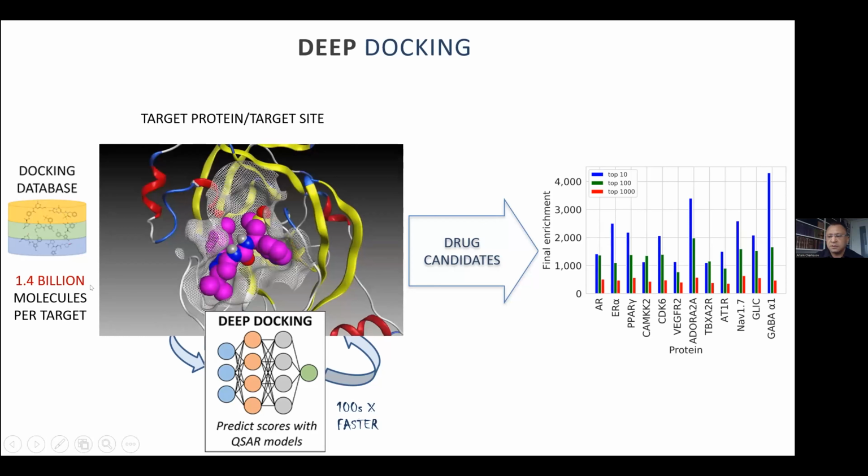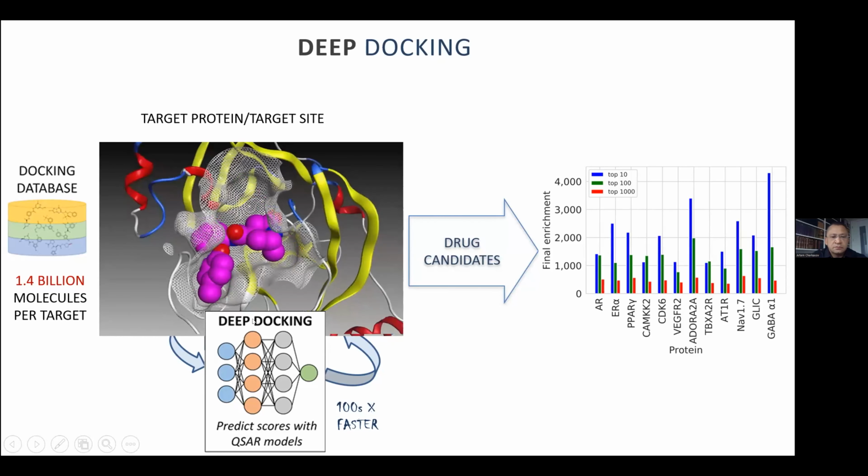We have a pretty good cluster, probably several thousand CPUs and GPUs, and using Glide, which is good but relatively slow, docking 1.4 billion conventionally would take 2 years. Instead, we run deep docking, where you put this AI module on top of the docking protocol, and things become 100 times faster at the cost of about 10% of actives, or what we would call hits, being lost.